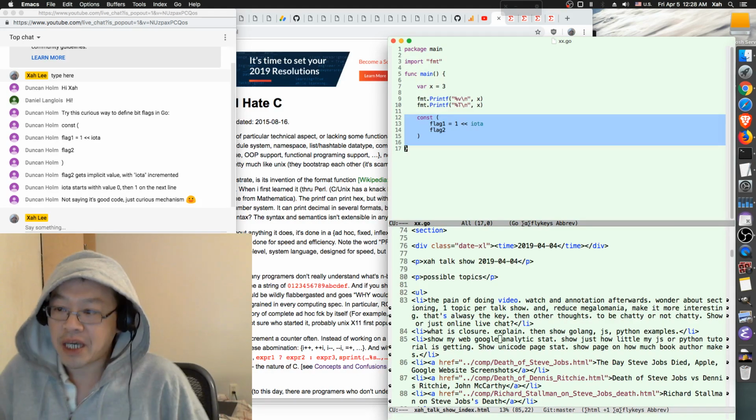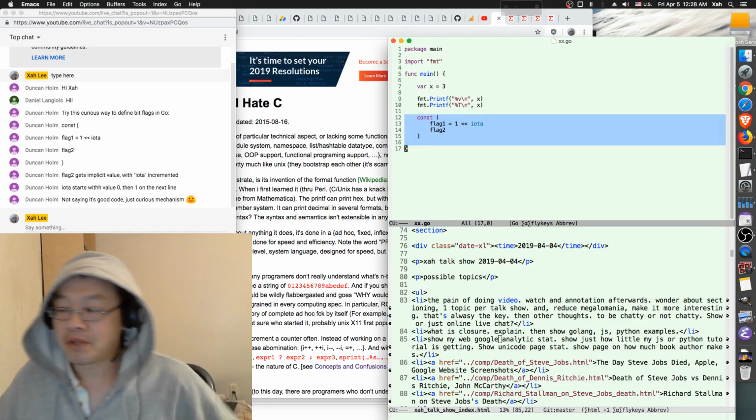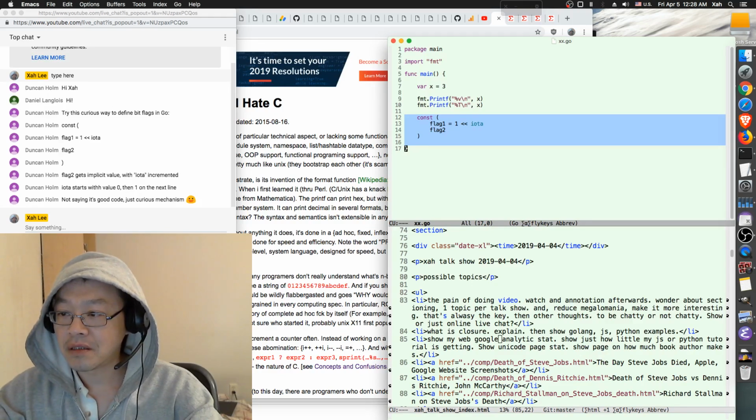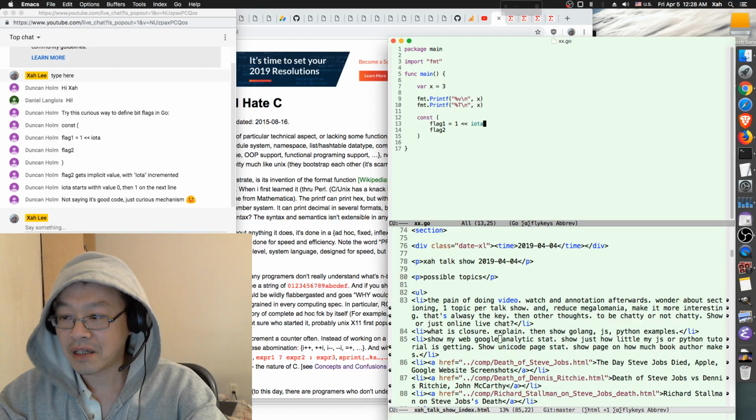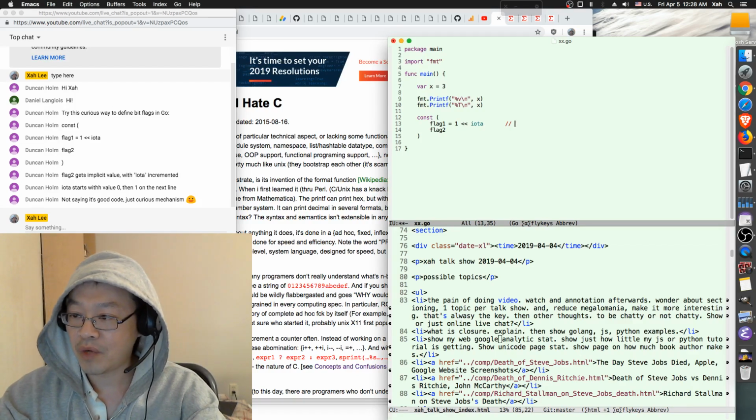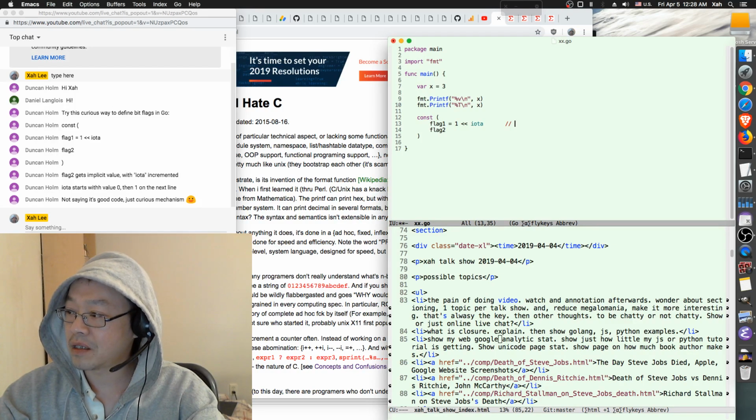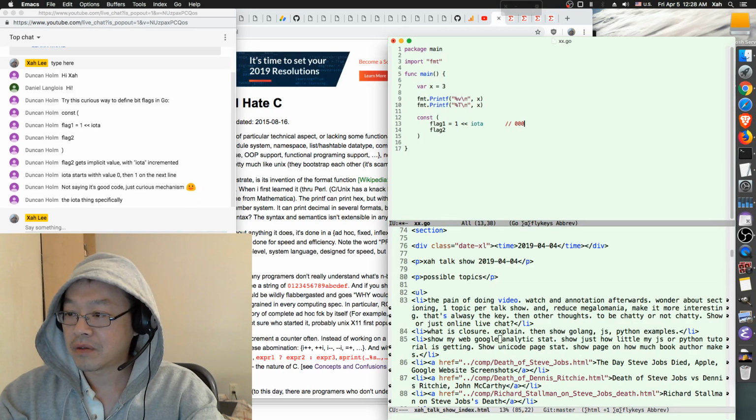Oh, a curious mechanism. But why is it curious? Yeah, I see what you mean. So one is basically what? In binary, what is one? Zeros, 1, 2, 3, 4, 5, 6, 7, 8.